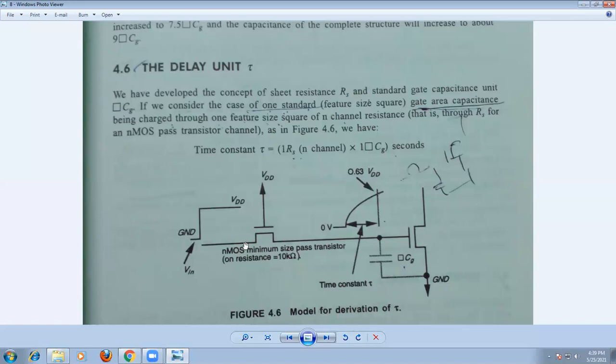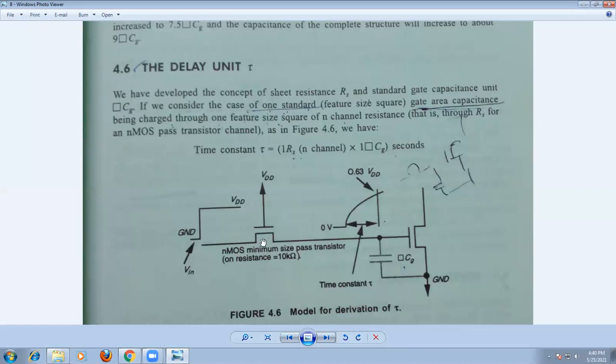So assume that there is a resistance R when the transistor is turned on, because we are applying some VDD voltage at the gate of the pass transistor, so this transistor is always in the on condition, and the signal passes through this transistor, which has some resistance between drain and source.